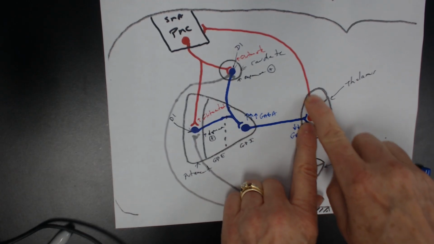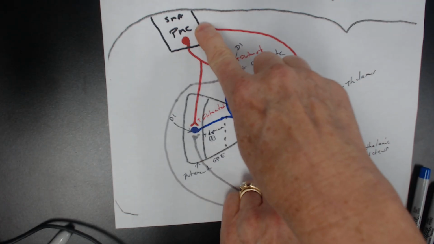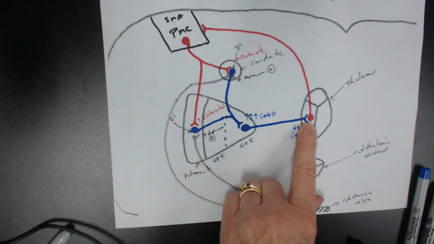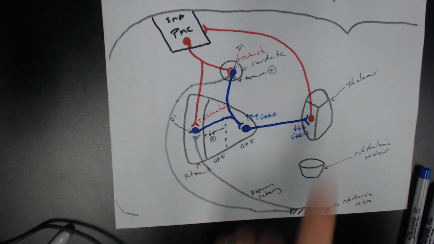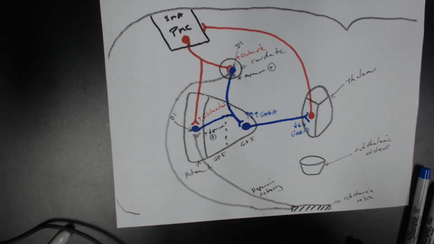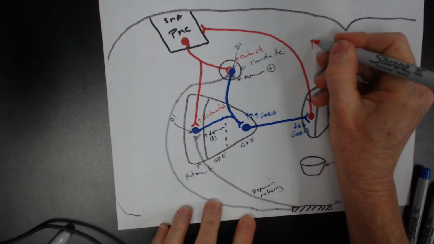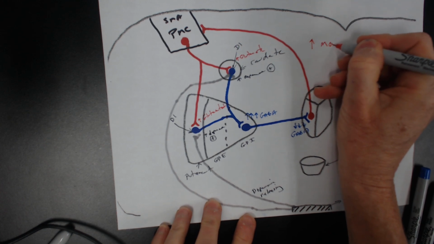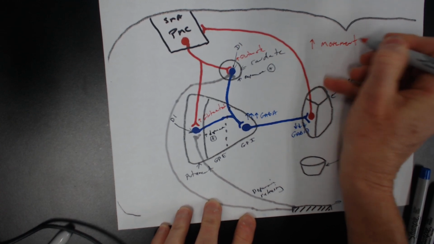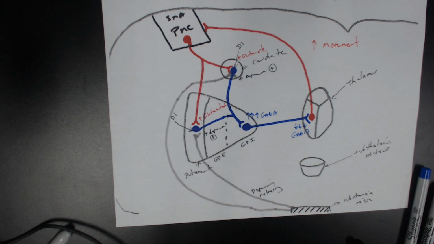If this neuron fires, then you signal to the motor planning area that it's okay to move, because you're going to release glutamate here, and this is going to result in an increase in movement. Another way to think about that is it's okay to start the movement, or movement initiation is okay.